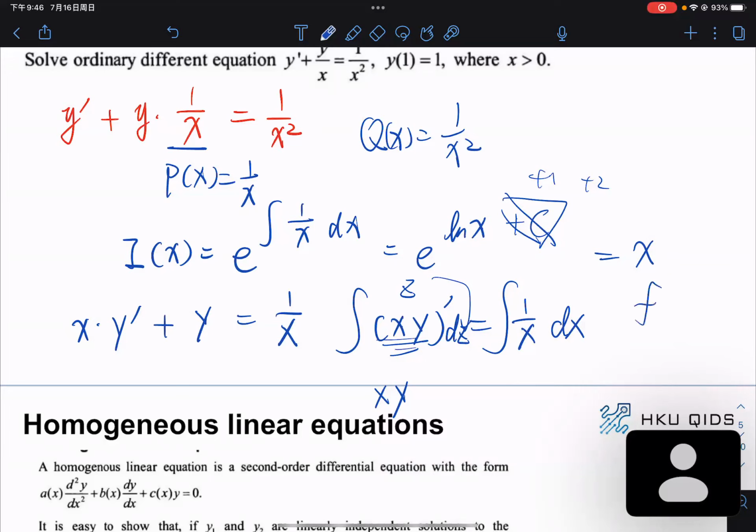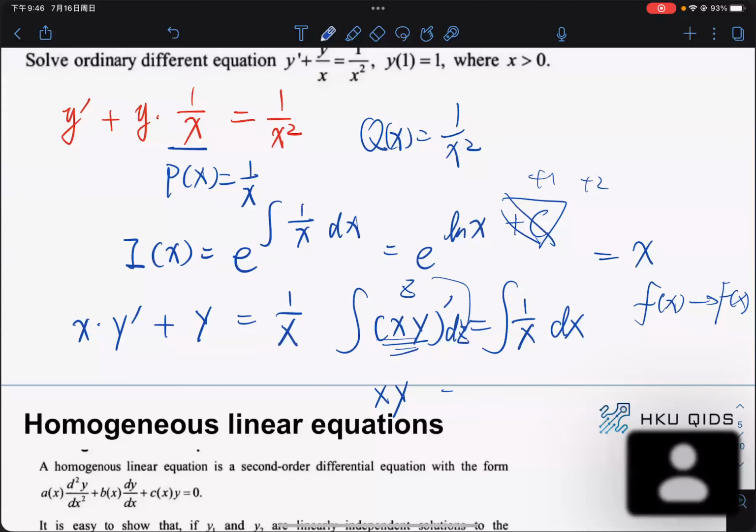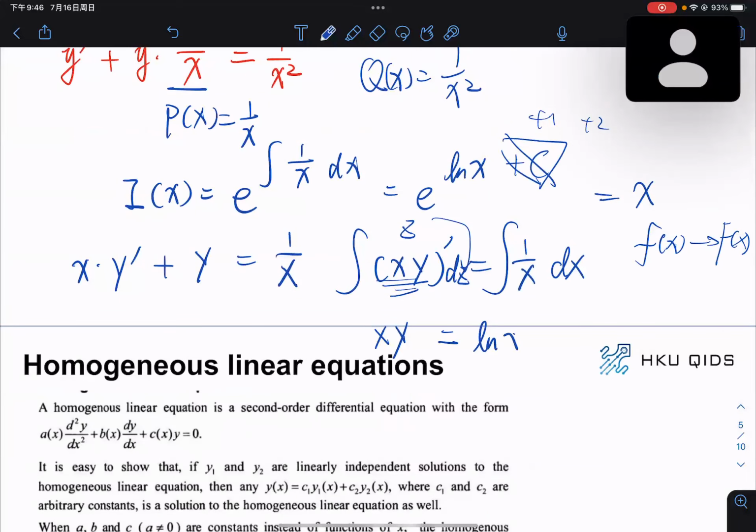So it's like from f'(x) to f(x). And then what we're going to have next on the right-hand side is, oh, sorry, let's move it up. So this is going to be log x.